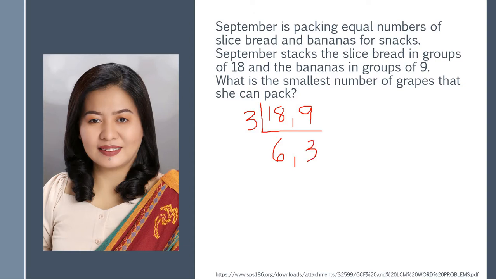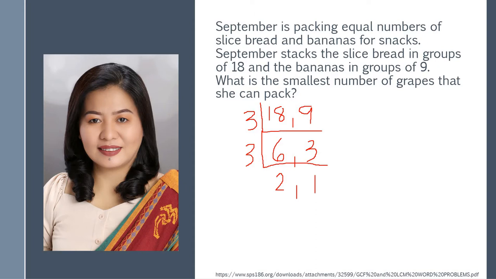And we continue. Is 6 divisible by 2? Yes. But is 3 divisible by 2? No. But is 6 divisible by 3? Yes. And 3 is, of course, divisible by itself. So we can write 6 divided by 3 is 2, and 3 divided by 3 is 1.